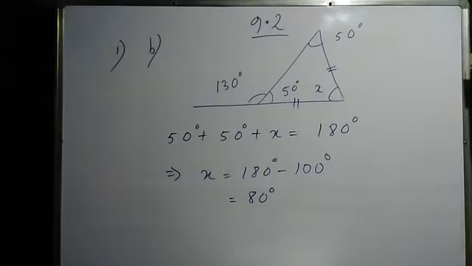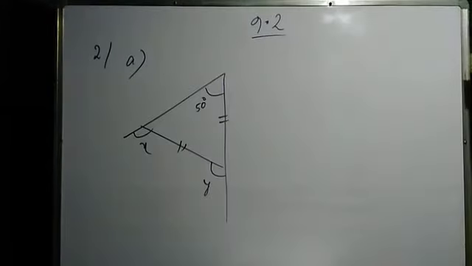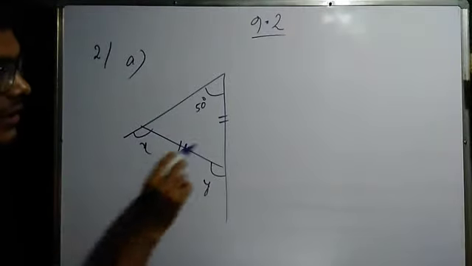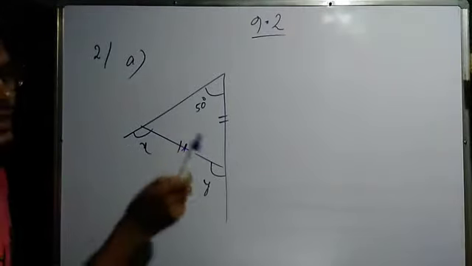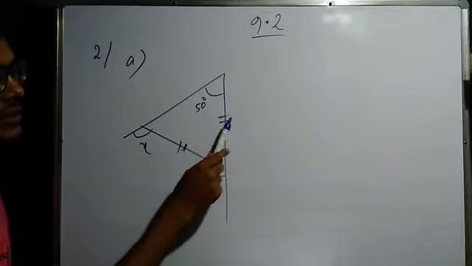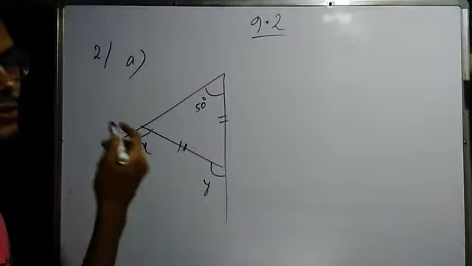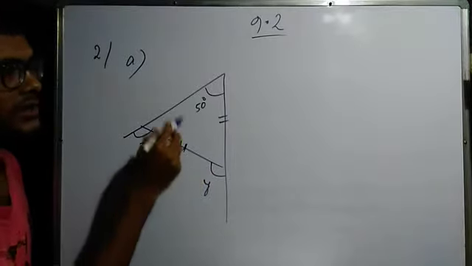This way we have to solve question numbers 1a, 1b, 1c. Now I will do question number 2. Look here. In the triangle, these two sides are given with cross marks. That means these two sides are equal. If these two sides are equal, then the opposite angles are also equal.